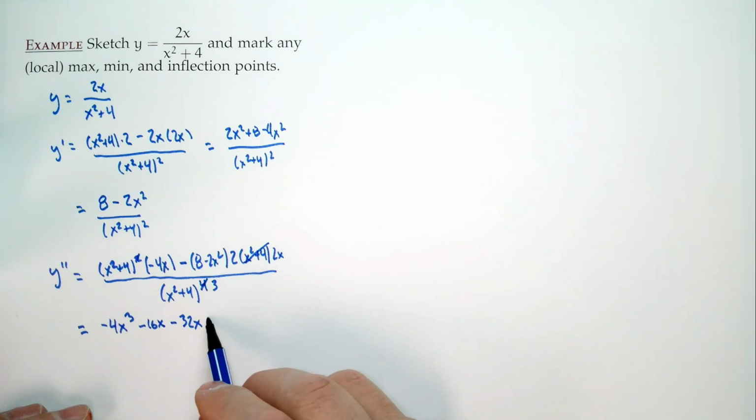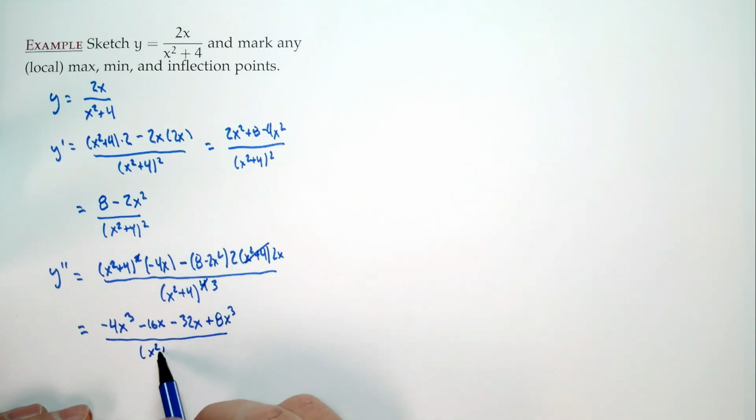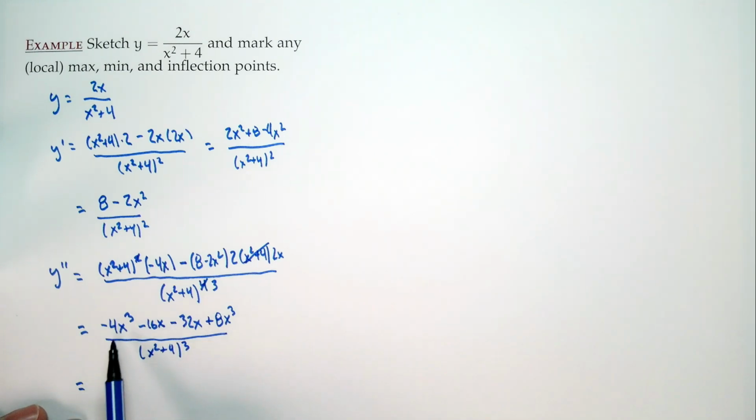Well, that'll be a plus 8x cubed, all divided by x squared plus 4, quantity cubed, which at the end becomes, well, notice everything has an x in it, so we can factor that out. These two terms would be combined together. Originally it would be 4x cubed, but we factor an x out, so that's 4x squared. And then we have minus 16x minus 32x, which is minus 48x. All divided by x squared plus 4, quantity cubed. So, there we go. Our function, our first derivative, and our second derivative.